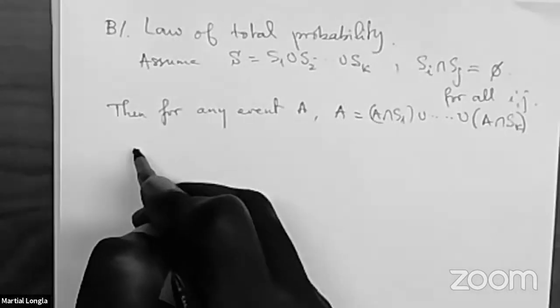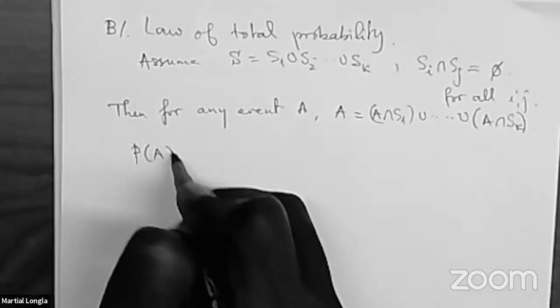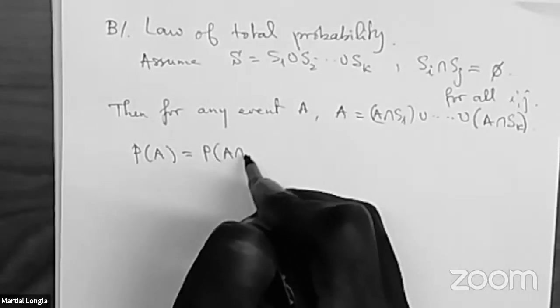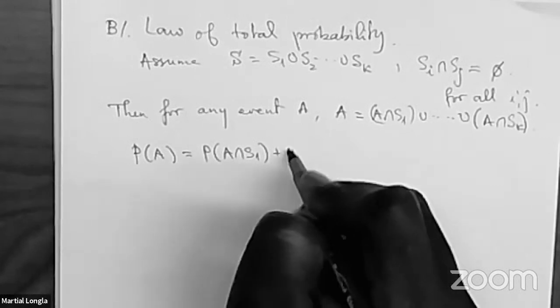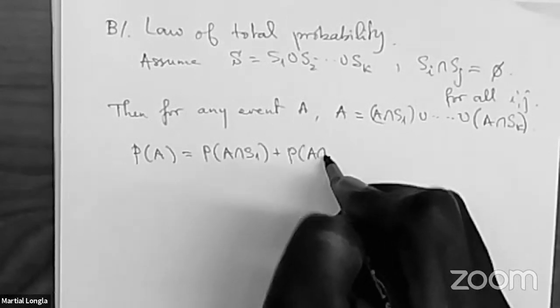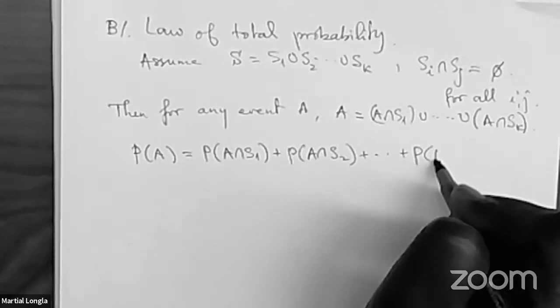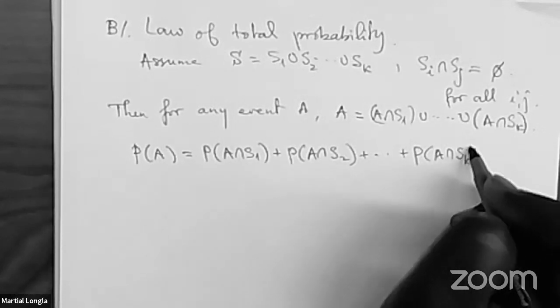Therefore, the probability of A is equal to the probability of A intersection with S1 plus probability of A intersection with S2 all the way to A intersection with Sk.